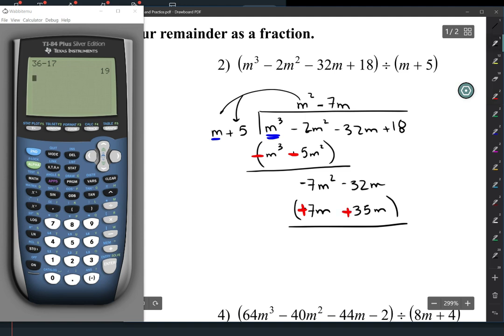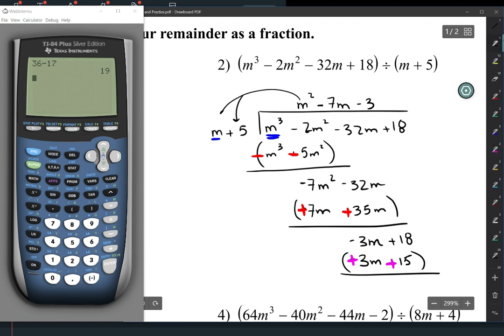That makes it negative 3m plus 18. And then that means we need a minus 3. So that's going to be negative 3m minus 15. Change the signs. Pink this time, why not?